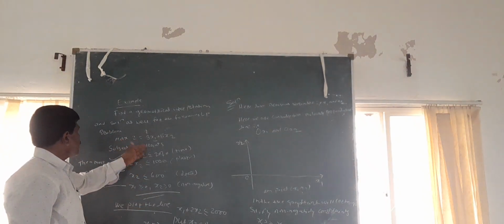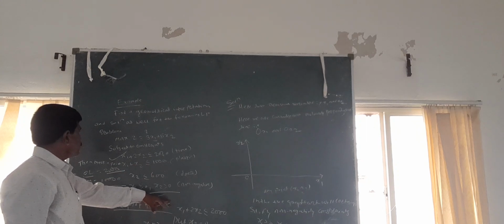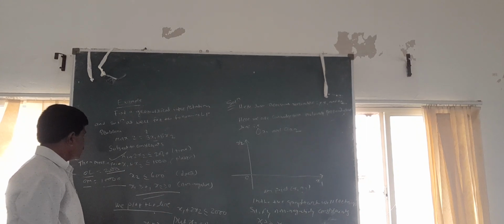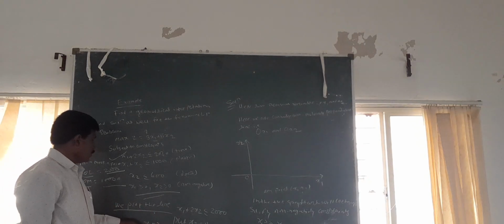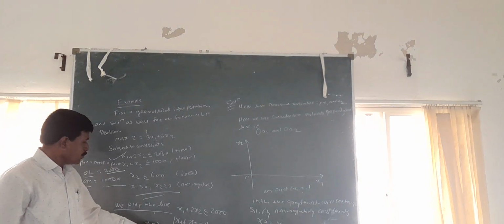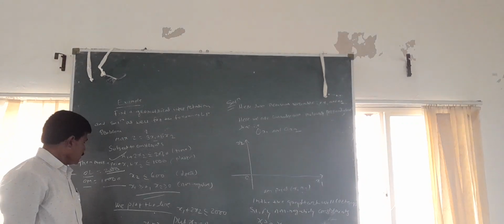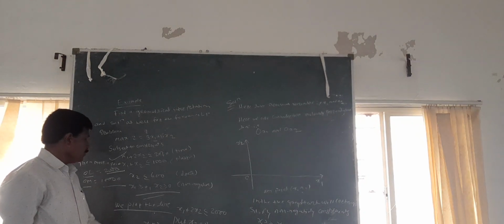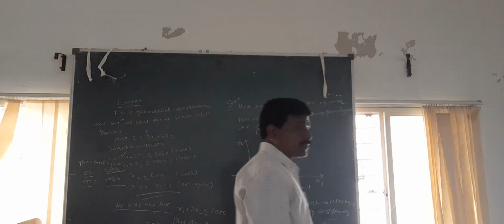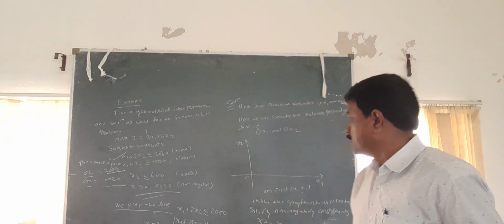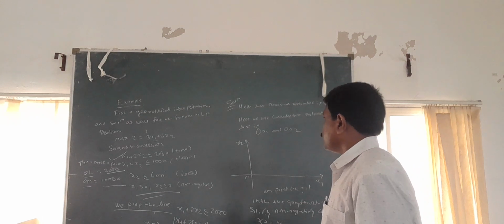We take the first constraint, that is x1 plus 2x2 less than or equal to 2000. Put x2 equal to 0, then we find x1 equal to 2000, and again we put x1 equal to 0, we get x2 equal to 1000.